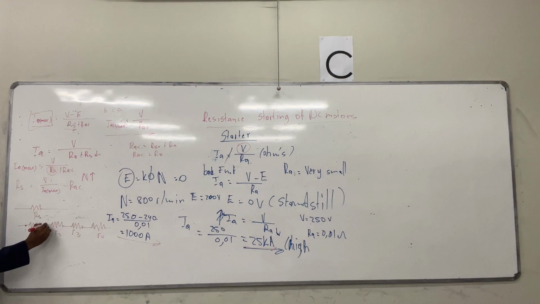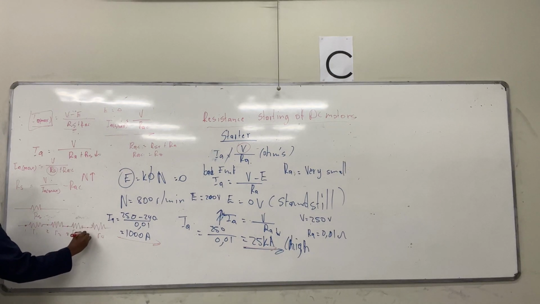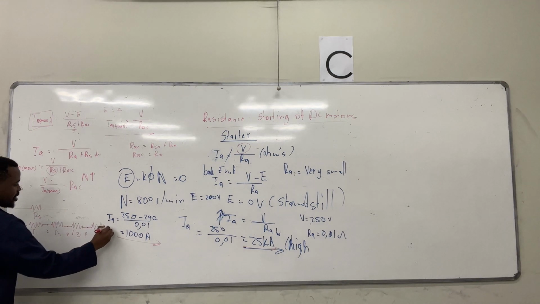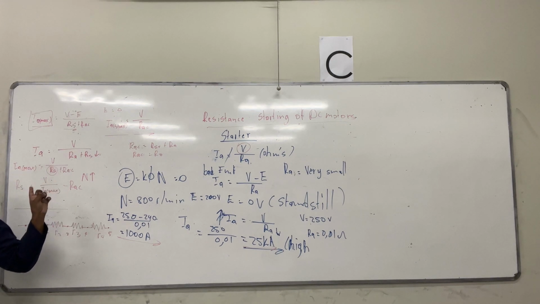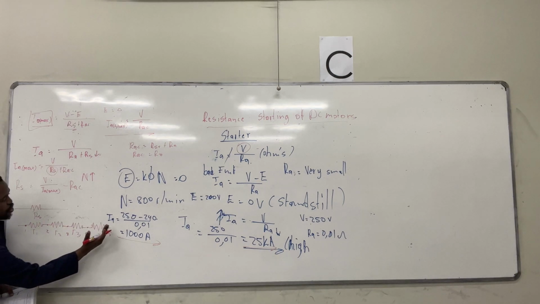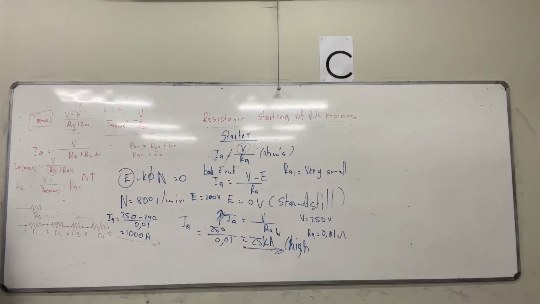Then it cancels one and becomes notch 2. Then notch 3. Then notch 4. Then notch 5. At notch 5, the whole starting resistance has come out of the circuit. Yeah, and RS is basically equal to R1.